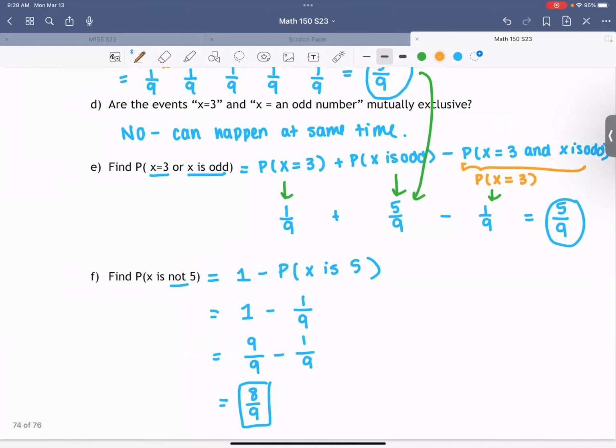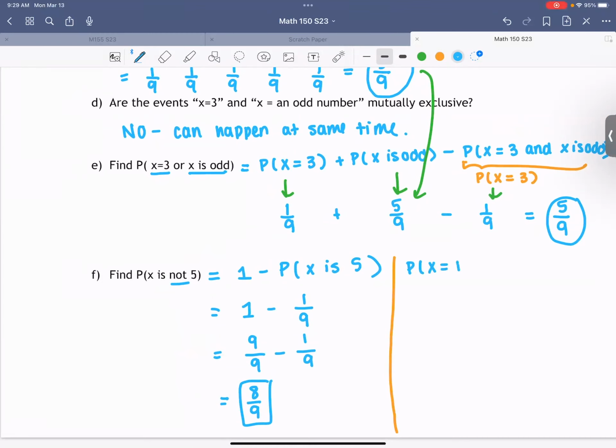Before we move on, does anyone see another way we could have done part F? Nico? You could just add up everything but 5: 1, 2, 3, 4, 6, 7, 8, 9. Okay, I like that. So Nico said another way we could have done this is to find the probability that x is 1 or 2 or 3 or 4 or 6 or 7 or 8 or 9, right?